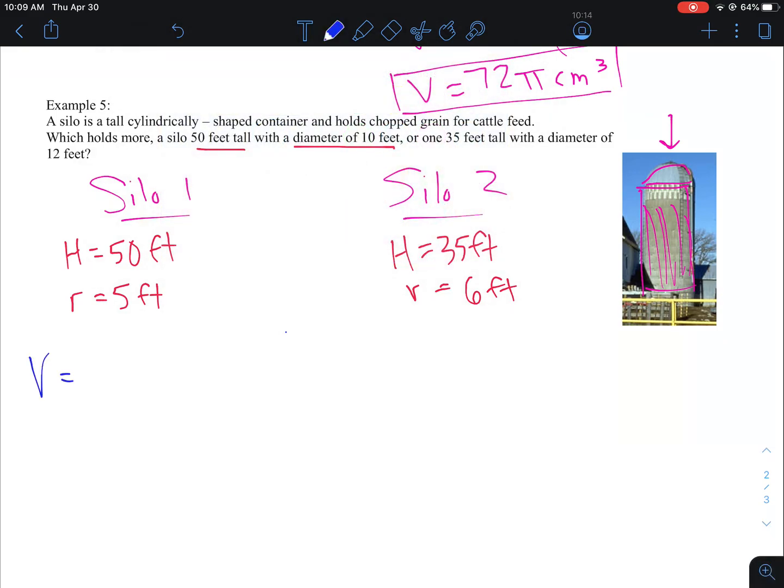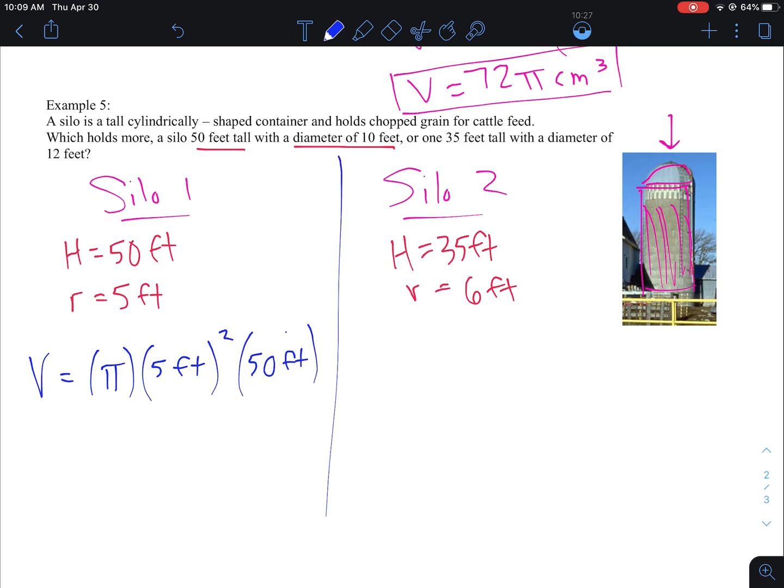So starting with silo 1, volume is going to be pi times radius squared, 5 feet squared, times height. And number 2 is going to be the same formula, just different numbers. Pi times 6 feet squared times 35 feet.